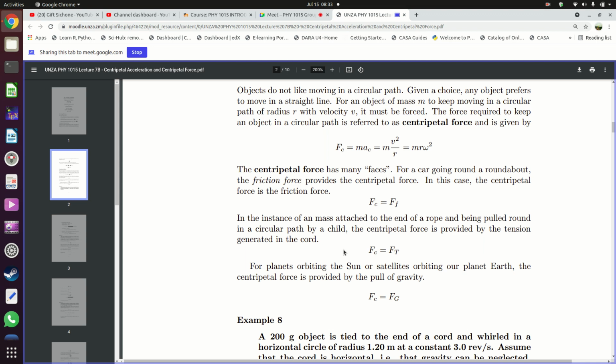The reason why these satellites continuously go around the Earth is because there is a force of attraction between the Earth and these satellites. For example, the International Space Station goes around the Earth every 90 minutes.